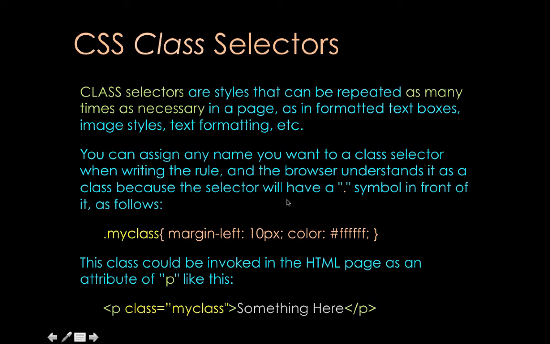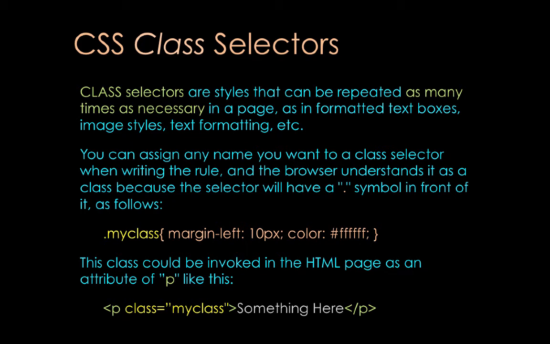And then finally, we also have class selectors. Class selectors are things that you can repeat as many times as necessary in a page. Maybe an example of an ID selector would be a specific layout element. Maybe it's a form that's only going to happen one time on the page, or maybe it's a banner that's only ever going to be visible in one spot.